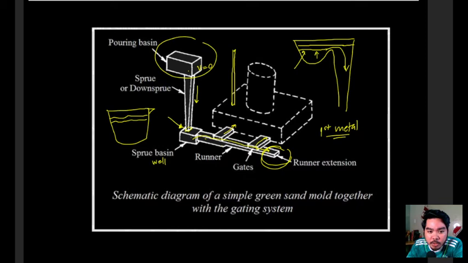Kasi if you make this large, then you have essentially a large volumetric flow rate, no? If you make it small, then regardless kung gaano kalaki yung mga runners and gates na to, it will always be controlled by this initial control area na to, which is the choke area. Okay? Malinaw ba yon? Does that make sense? Itong si choke area?